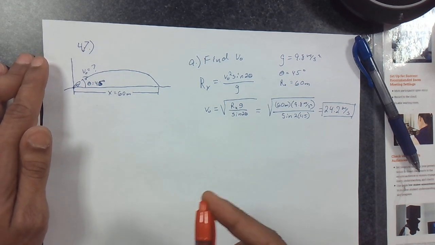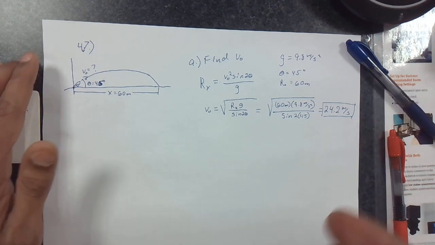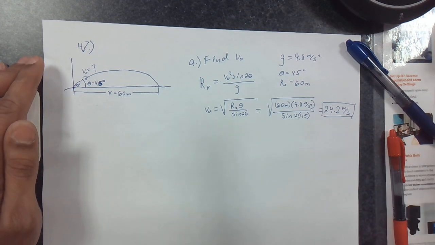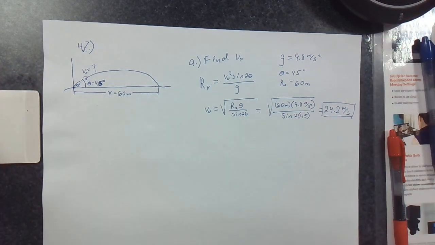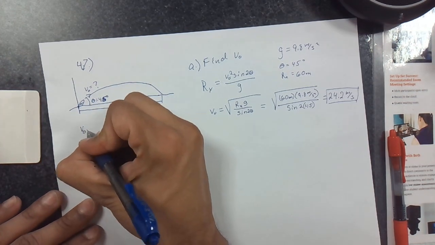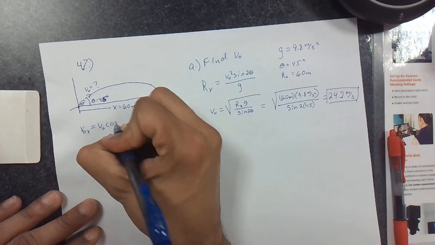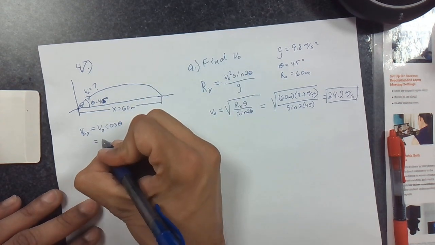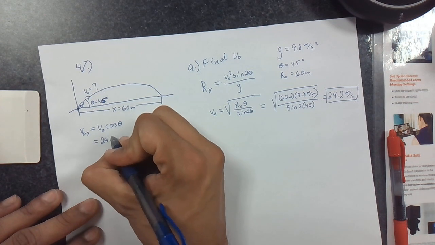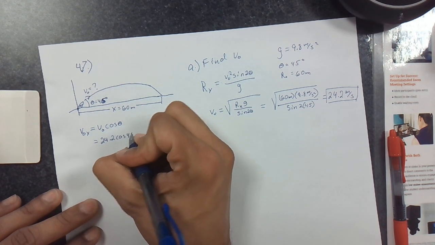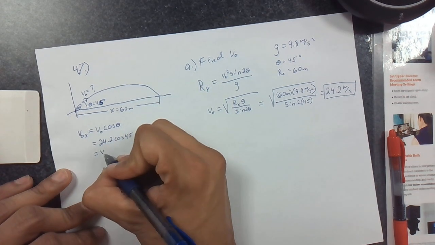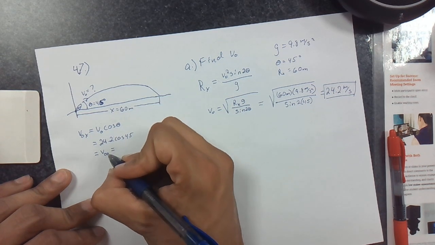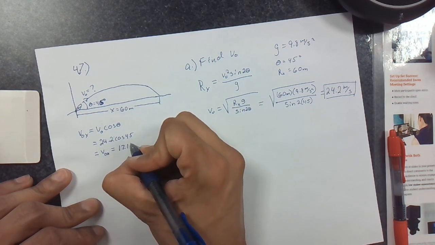So now what we have to do is find our V naught X and our V naught Y, so we can figure out how much of the distance was shortened by the wind that's slowing down the ball. First things first, we will find our V naught X. V naught X equals V naught cosine theta. V naught was 24.2, so 24.2 cosine 45 gives us an initial velocity in the X direction of 17.1 meters per second.